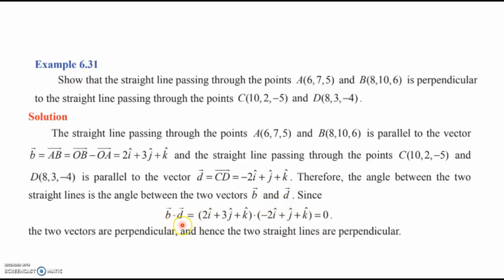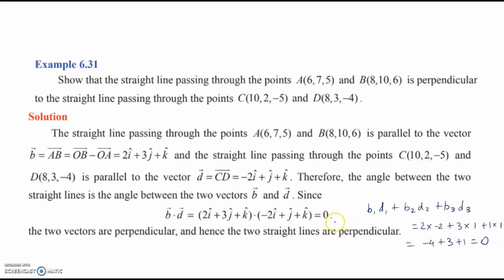So if we find the dot product of b and d, you get that to be 0. How's that? b1 d1 plus b2 d2 plus b3 d3 will be equal to 2 times minus 2 plus 3 times 1 plus 1 times 1, which is equal to minus 4 plus 3 plus 1, which is equal to 0.